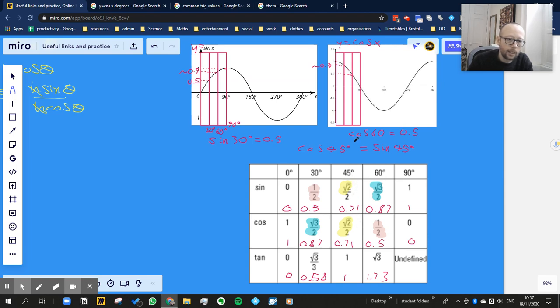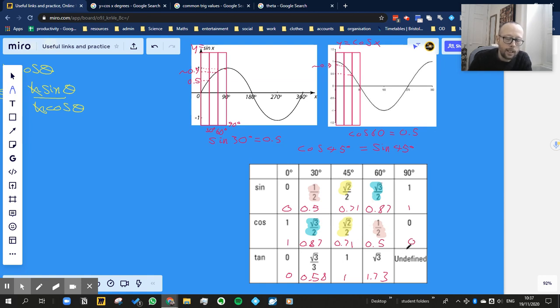I also said that cos 60 is equal to 0.5, and yeah, it is. And sine 30 is equal to 0.5, which you can see here. And we can also see the similarities: the greater value, which I wrongly predicted to be about 0.7, is sine 60, and that's the same as cos 30, so we can see that similarity there.